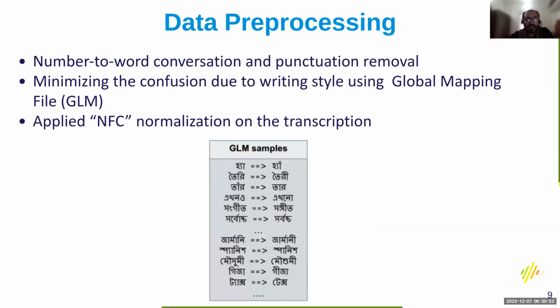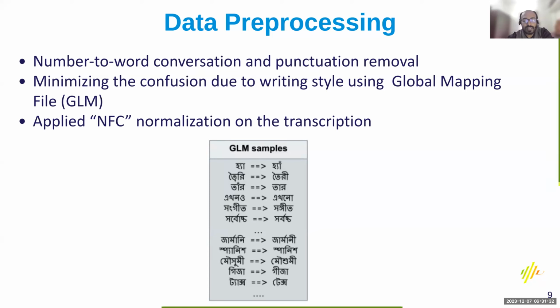After the training, we do some work on data processing, as the training data is fully dependent on model generated transcription, but the test set is prepared by human annotation. So there is a mismatch between the writing style of the model output and the human annotators. To minimize the gap in writing style, we use a global mapping file we manually prepared by analyzing the transcription data.